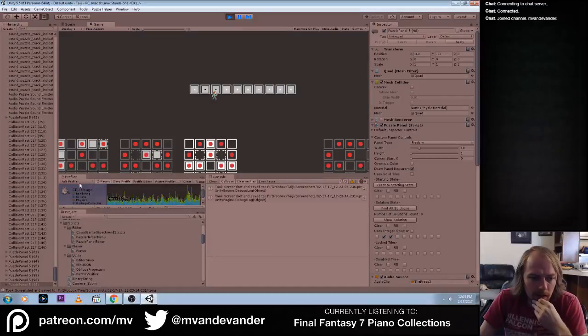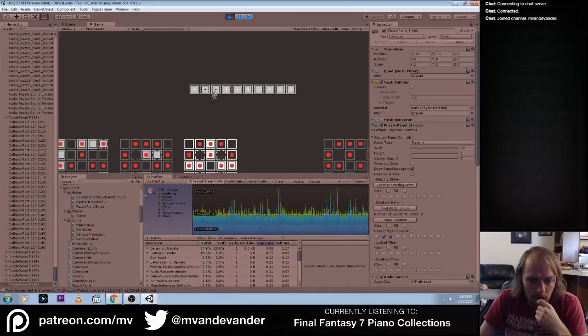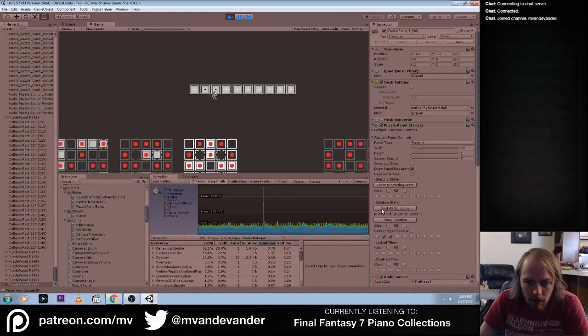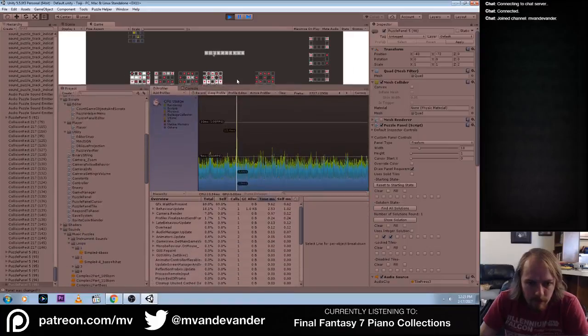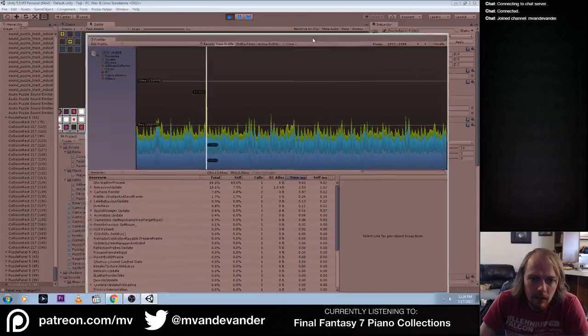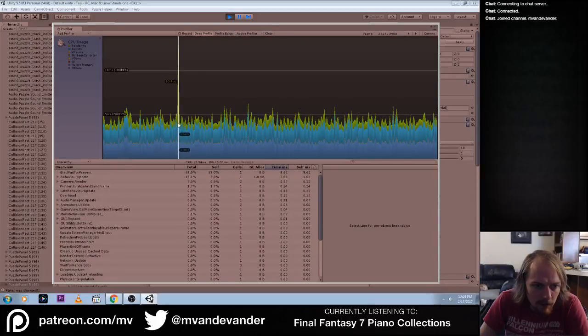Might be better to dock it down here so I can look at it here. Okay, so that definitely creates a spike. It's a lot better to have its own window just because I need to see what's going on. Definitely created a spike here. I'm just not sure.